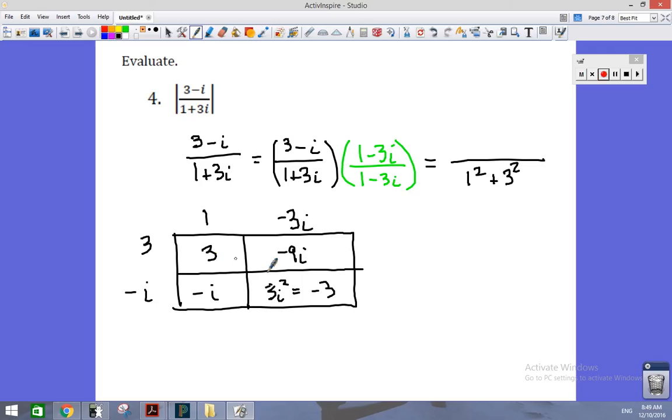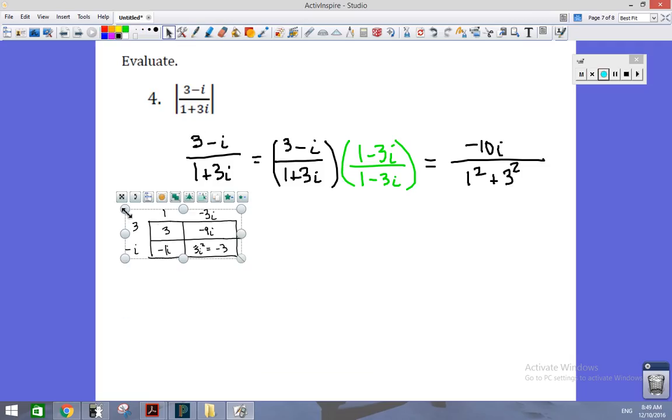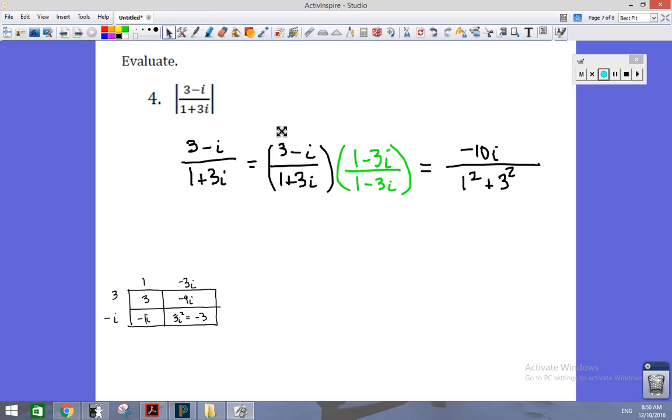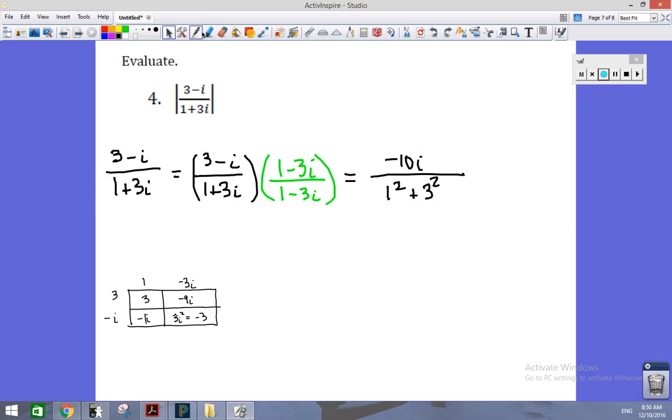Positive 3 and negative 3 cancel each other out, and I've got negative 1i, negative 9i, so I'm getting a negative 10i. So what do we have as our answer? We've got negative 10i over, well, 1 plus 9, hey, that's 10.